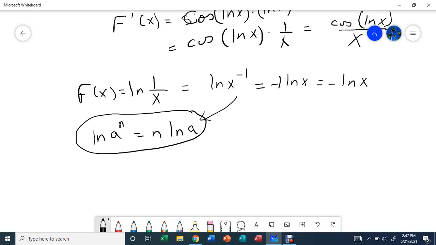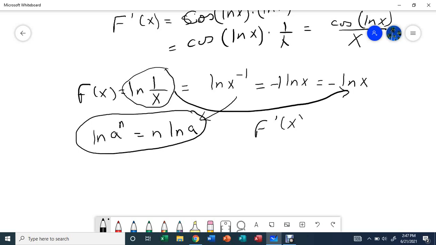So instead of finding the derivative of this, it's easy to find the derivative of this. So f prime of x, negative 1 is just a constant, and we know the derivative of ln of x is 1 over x. So that's my answer. I used the power rule for logarithm to simplify my function, then applied the logarithm rule to find the derivative of that function.